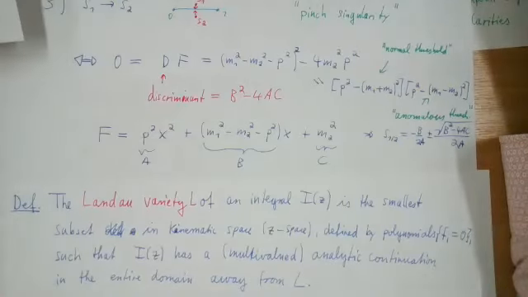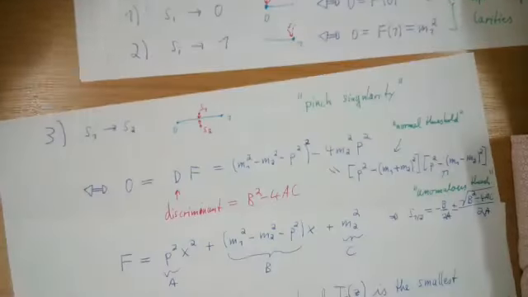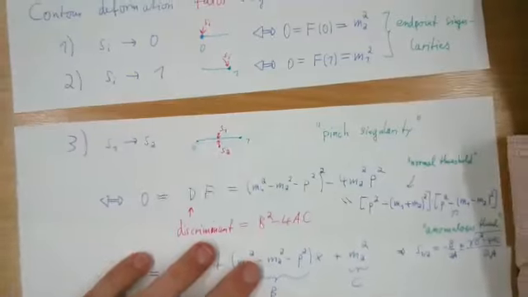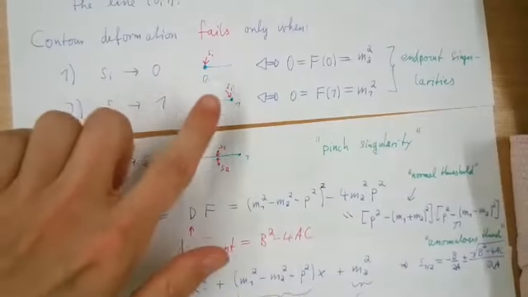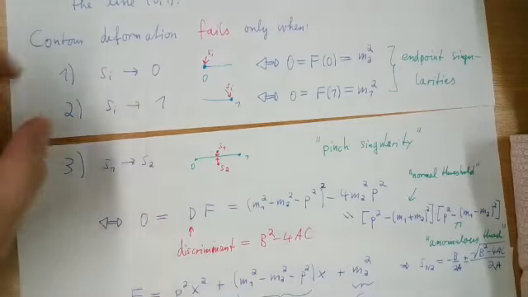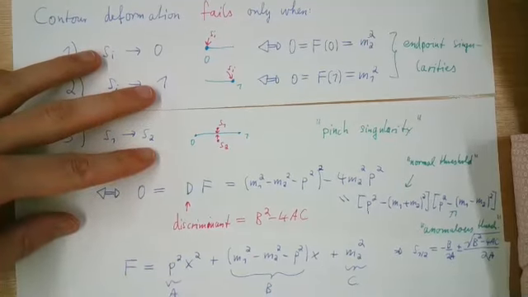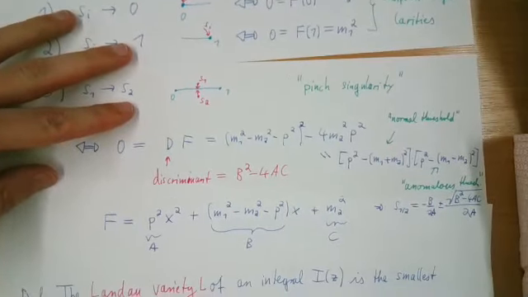We noticed that usually you can deform the contour and avoid a problem, but there are situations of an endpoint singularity, or a pinch of the integration contour between two singularities, that you can't avoid, and these cause the singularities of the function.